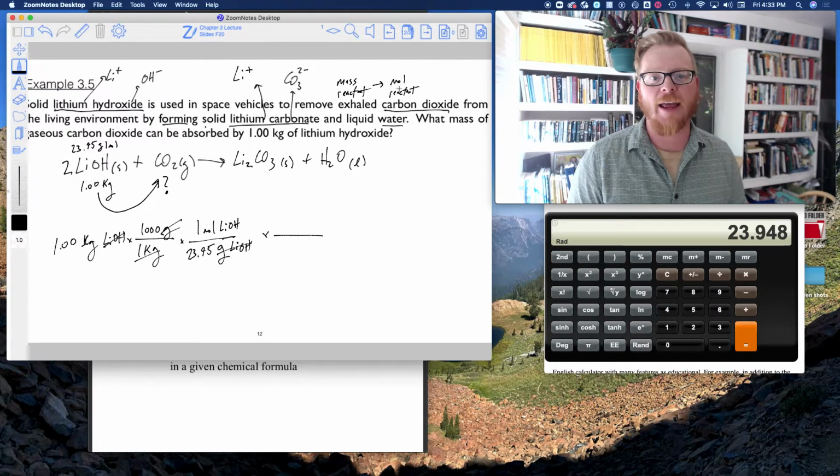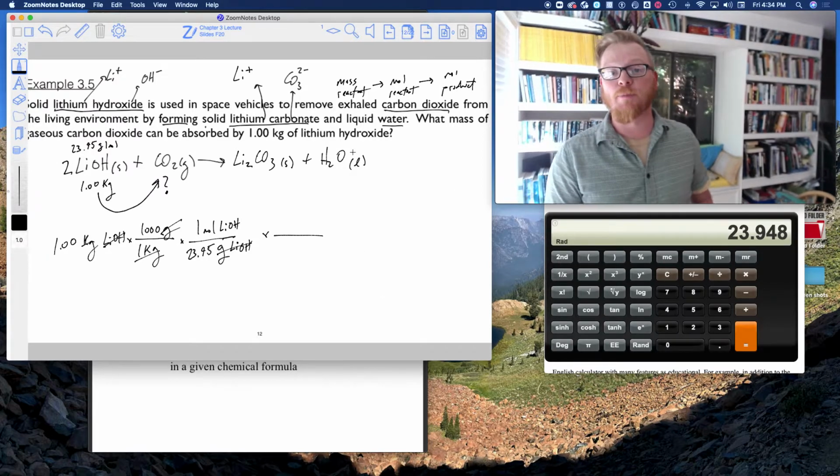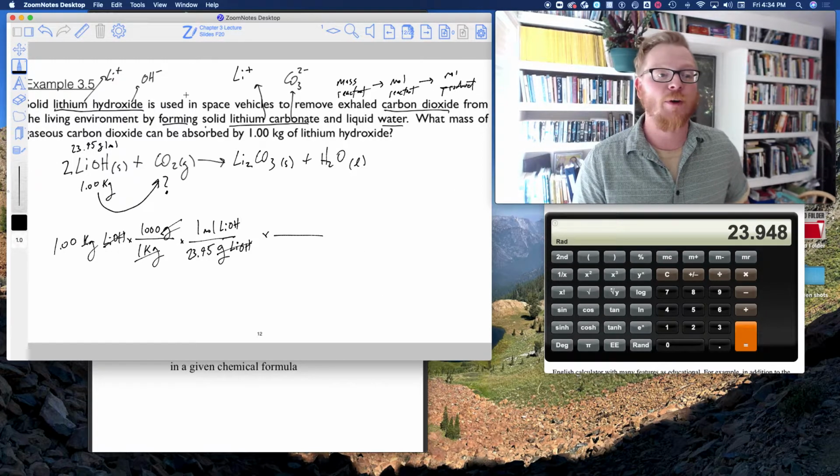In my steps, I should have a better infographic for this, but I don't. So mass of reactant goes to mole of reactant goes to mole of product, or in this case, mole of other reactants.